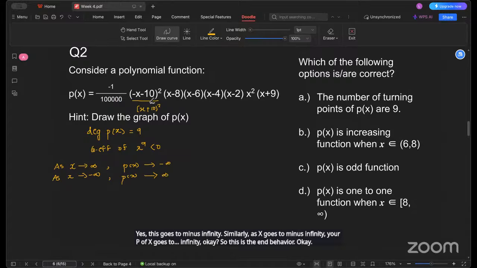Next we have to look at the places where it crosses the x-axis, so we are looking at the roots. What are the roots of this polynomial?